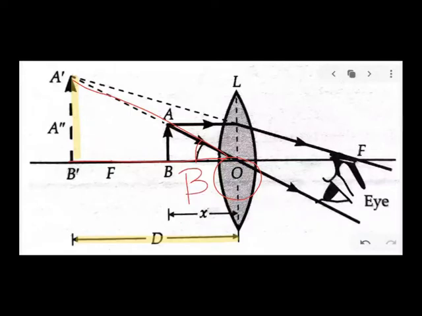So the image A dash B dash subtends angle beta at the optical center O.